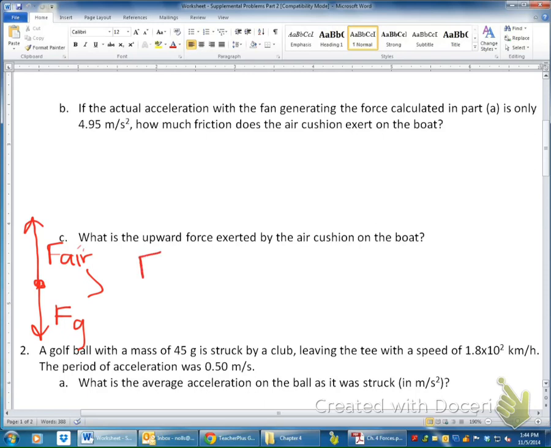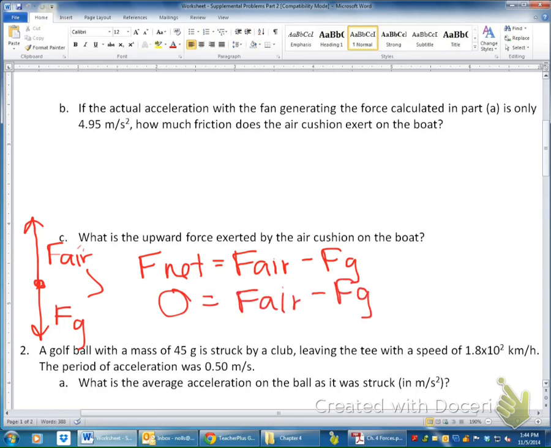Okay, so we can write out our whole net equation here. F net equals up minus down, so force of air minus force of gravity. But since we know there's no acceleration, we know this is 0. So F air minus Fg equals 0. So if we move this over, we know Fg equals F air.